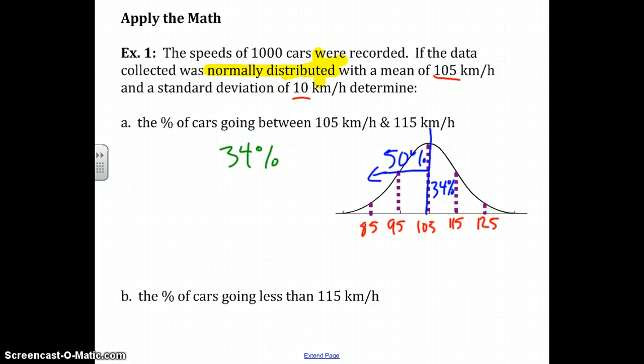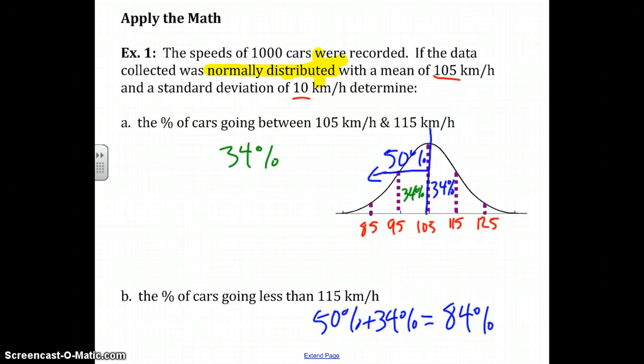So basically we have 50% of the data there plus 34% of the data there. So what's the percent of the cars? Well, 84% of the cars are going less than 115 kilometers per hour. And that's based on the 34% and the fact that the other side is 50% of the data. You could go through and add up each individual one there, or you can recognize that that whole thing is going to be 50.